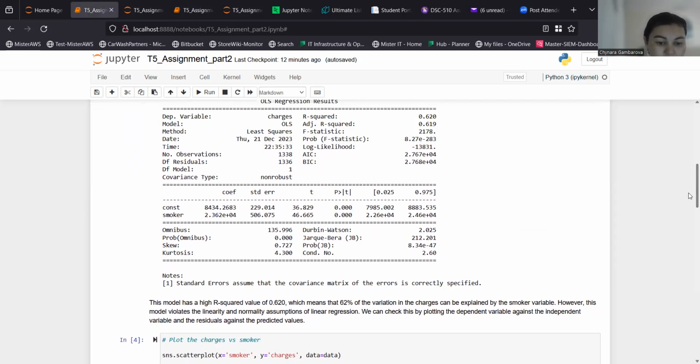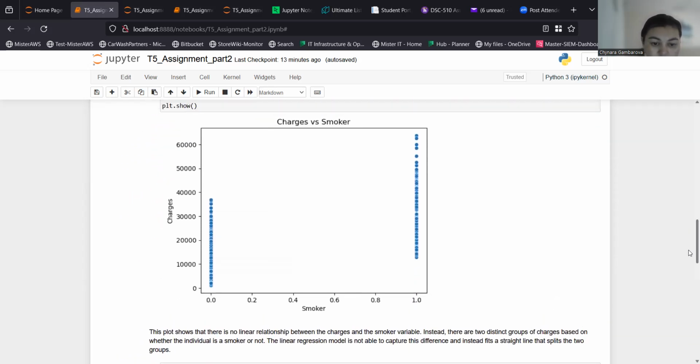This model has a high R-squared value, 0.6, which means that 62% of the variation in the charges can be explained by the smoker variable. However, this model violates the linearity and normality assumption of linear regression. We can check this by plotting the dependent variable against the independent variable and seeing if there is any correlation. So we are using a scatterplot, and this plot shows that there is no linear relationship between the charges and the smoker variable.